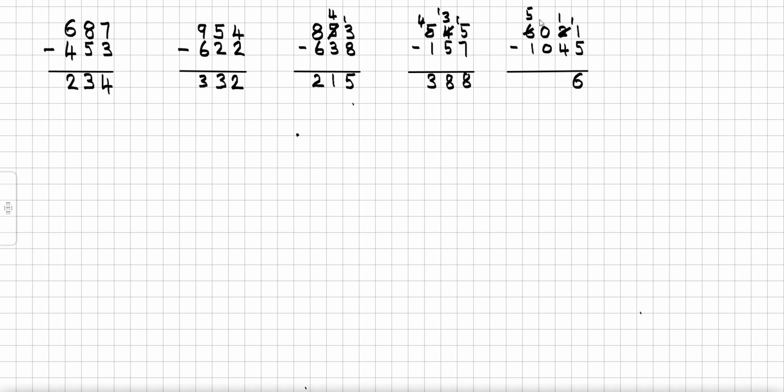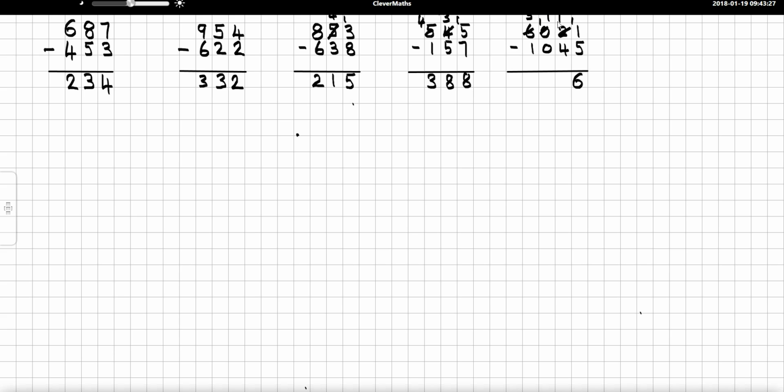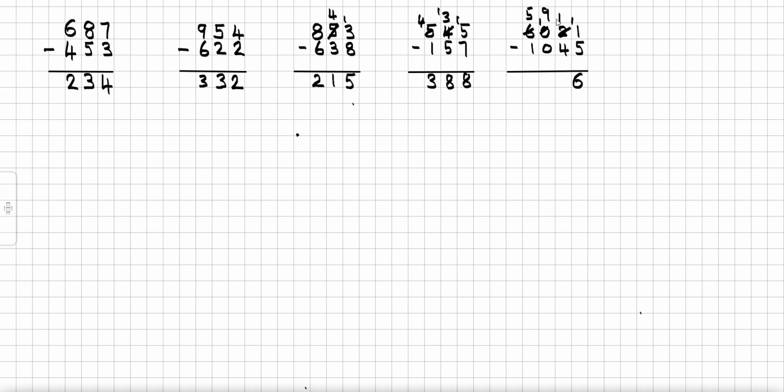And if we put it next door, that 1 that we've borrowed will make that 10. And then we have got 10 there, so we can borrow for the next one. So let's make that 9. Put a 1 there. And now we've got 11 minus 4 gives us 7.